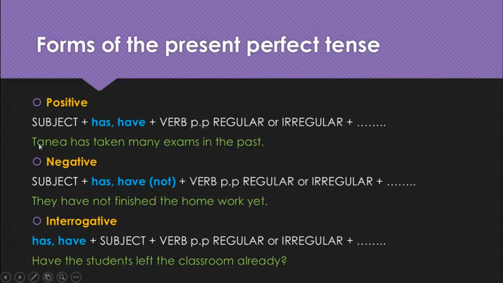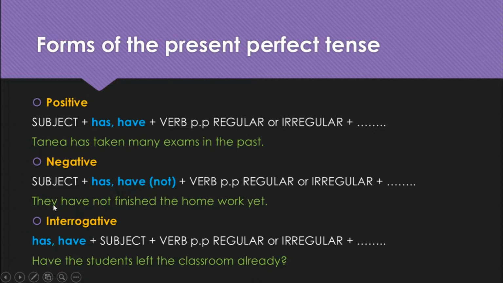We use has with she, he, and it, and we use have with they, we, you, and I. So they have not finished the homework yet. So this is one indicator here. I will explain this later, right? It comes with negative sentences.